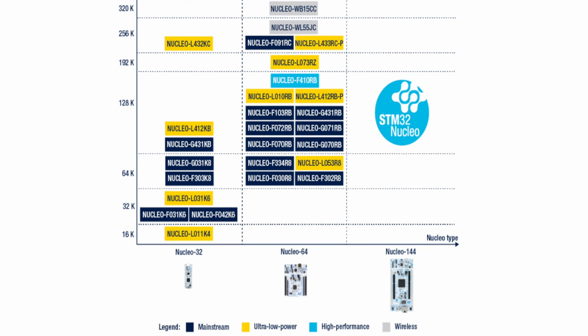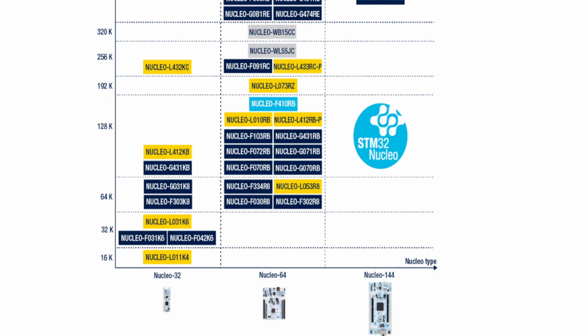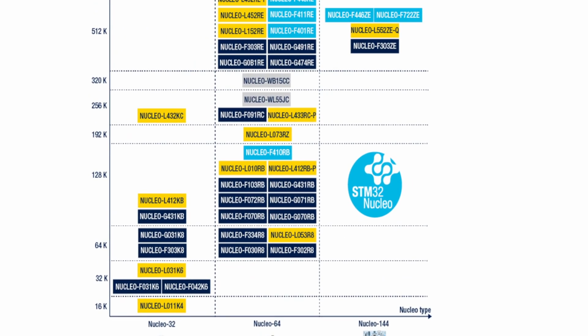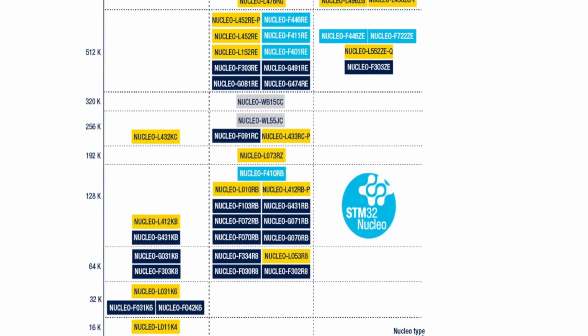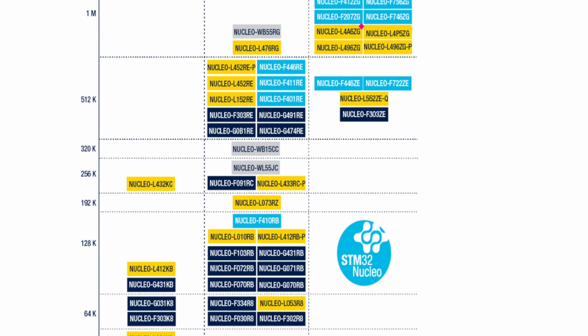Yellow are those boards which are generally used for ultra low power applications. The boards with cyan color are used for high performance, and the gray colored boards have wireless features. That means you can use Wi-Fi or similar features.